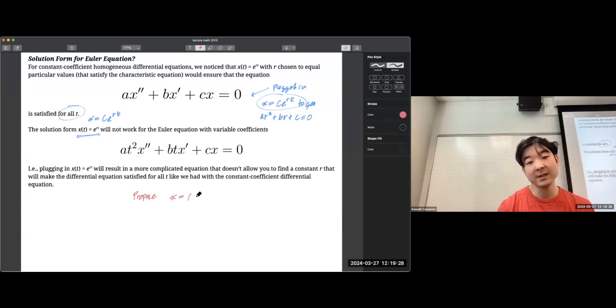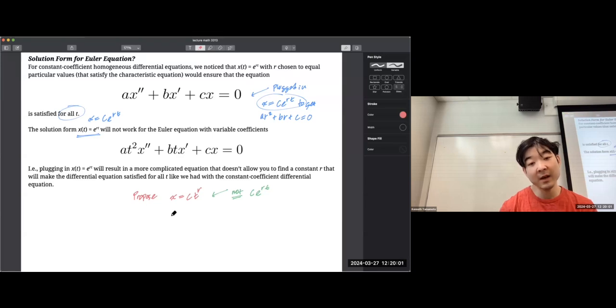Instead of c e to the r t, the solution form I think would be reasonable is c t to the r. You see how this is different: it's not c e to the r t. This is just t to the r, not e to the r t.